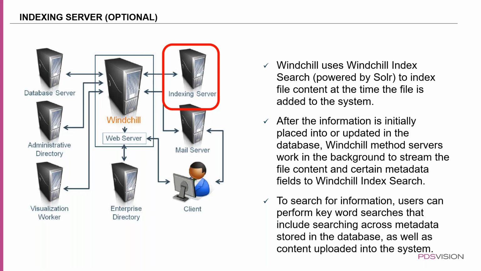So if I'm saving a Word document into Windchill with some content information in there, that information is also indexed. So I can simply search for that document using any word that I remember from the content of that document. If it is indexed, it will definitely find that word, or return the object that contains that word in its content.